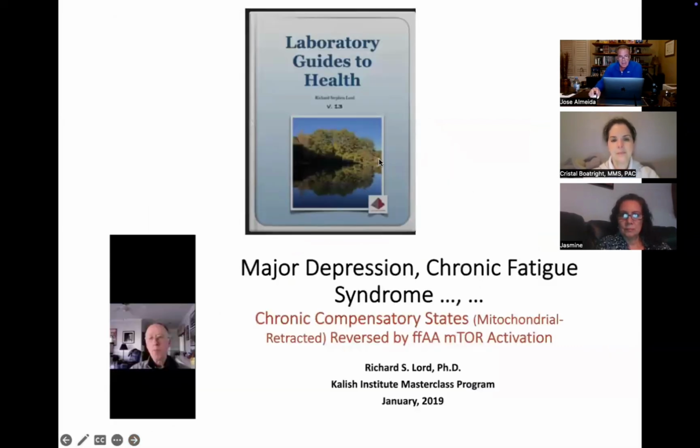But what I wanted to get into is this is Dr. Richard Lord, and he's a PhD. He's the one that developed organic acids. And he has this book, Laboratory Guides to Health. And we're just going to take a few pieces from this book. Not so much here. I just wanted to show you where this information comes from.